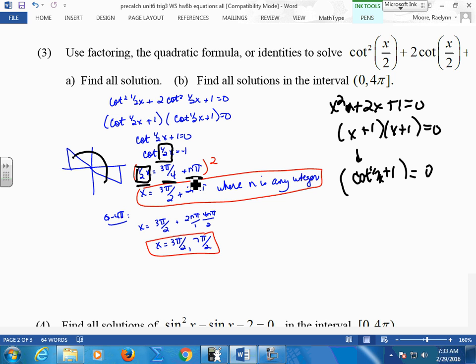So if we expected 2 angles in 0 to 2 pi, and we took half of that, we would get 1 angle in 0 to 2 pi. Since we had to find all solutions from 0 to 4 pi, then we double that part, and we get 2 angles.